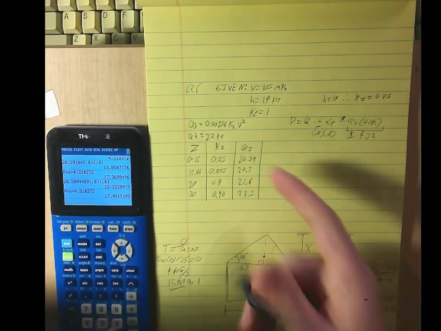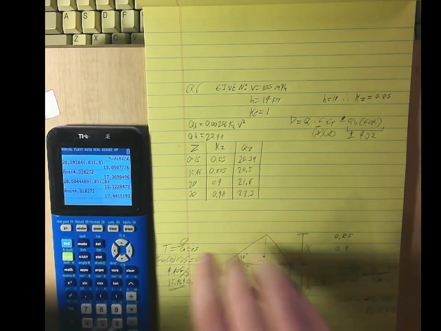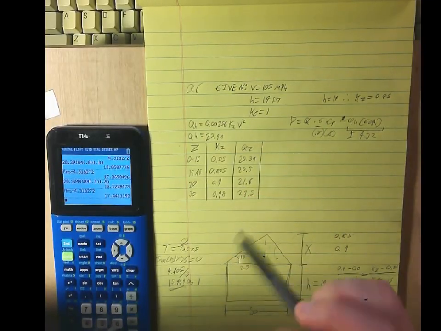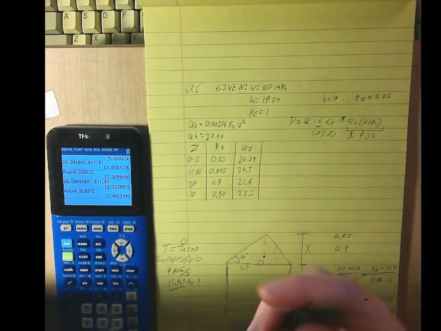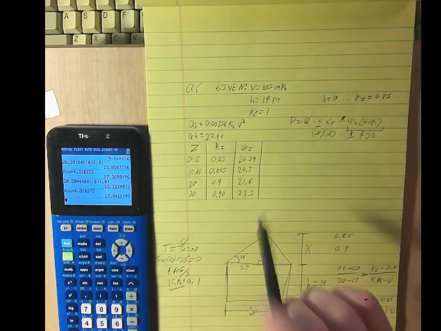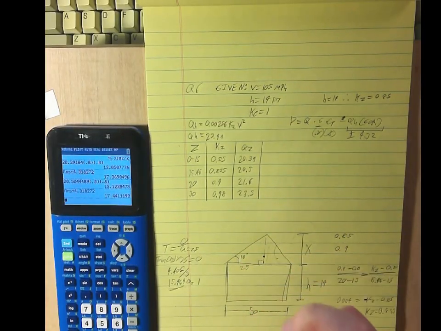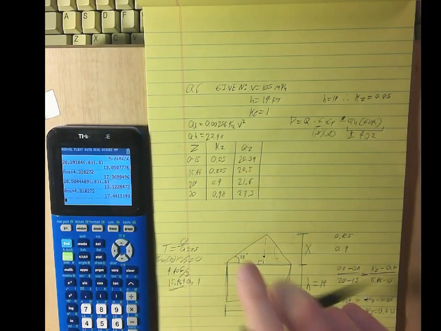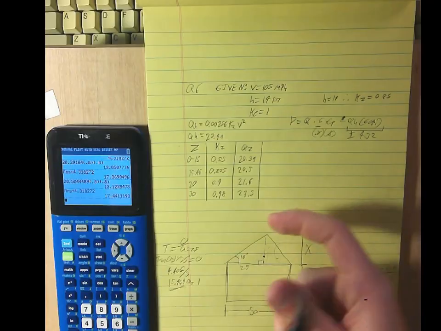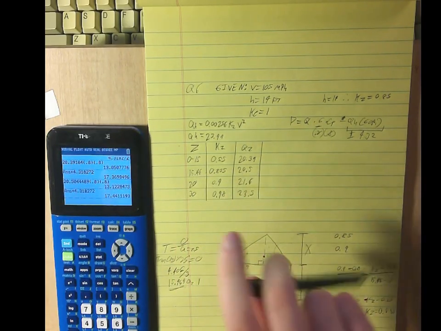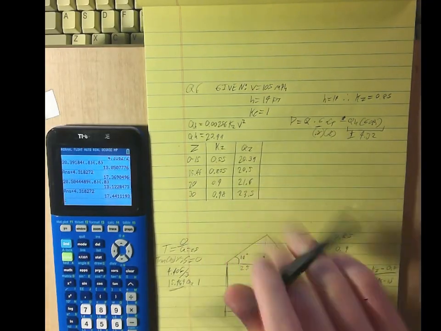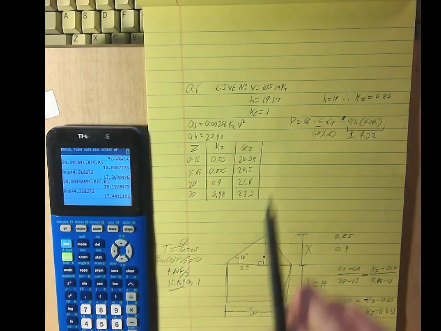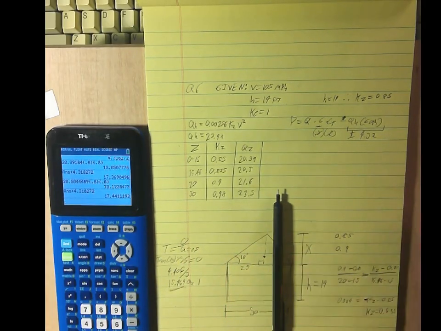This is windward roof. It's actually not going to be 0.8. What was the windward roof one?